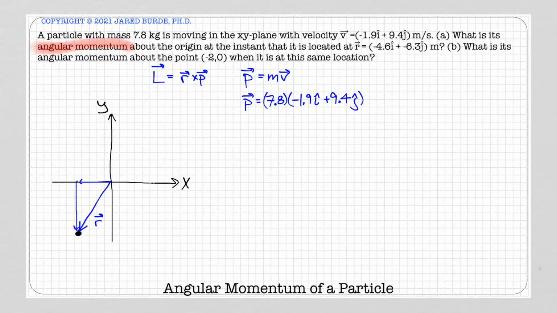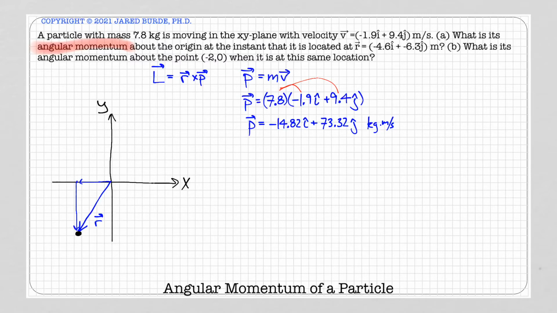We can distribute this just like we would anything else that's being multiplied, and we'll find the linear momentum vector to be thus. These units here should be units of kilogram meters per second.